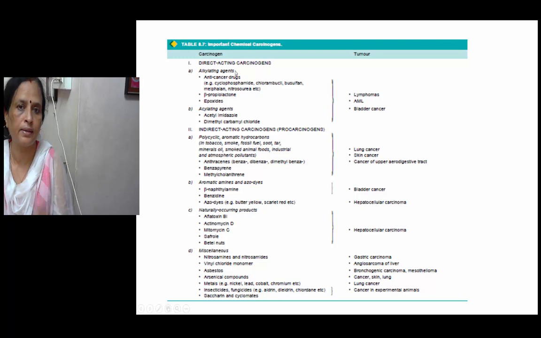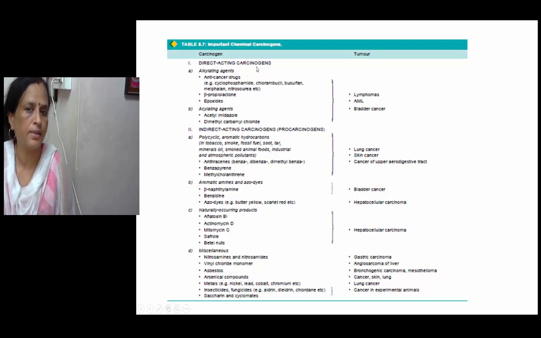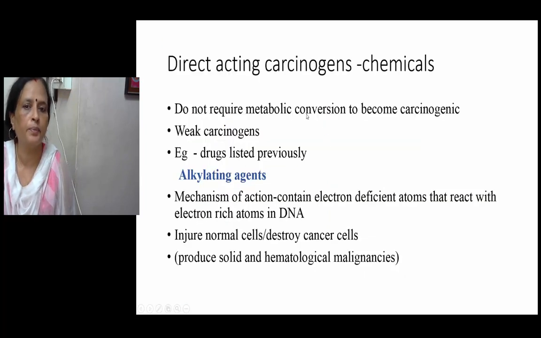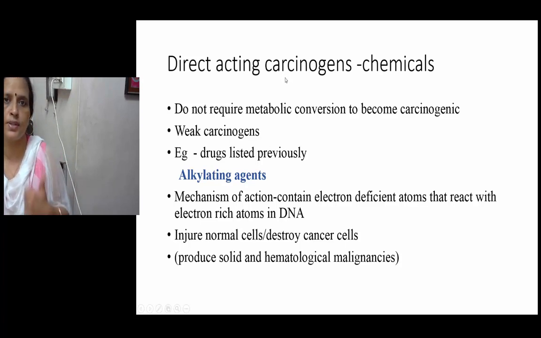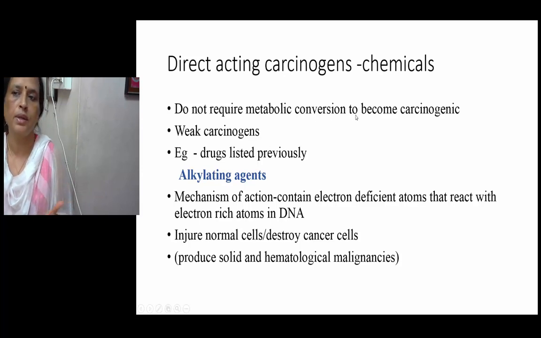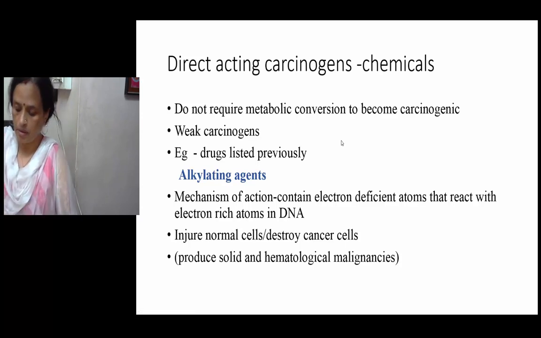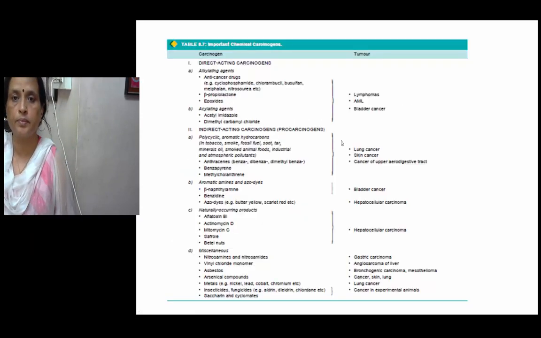So two broad categories: direct acting carcinogens and indirect acting carcinogens. I'll just repeat some of the important aspects here. Direct acting carcinogens are chemicals that do not require a metabolic conversion to become carcinogenic, but they are weak carcinogens. So which are the carcinogens in this group?